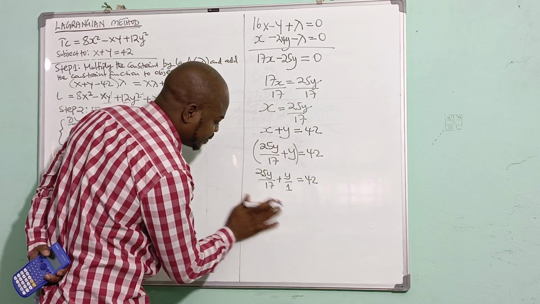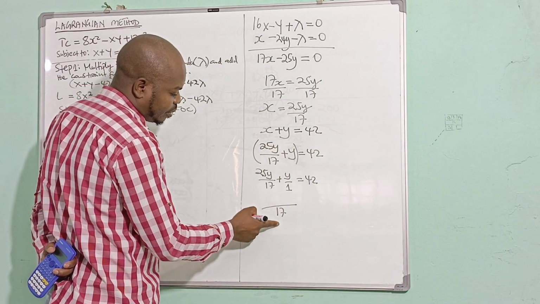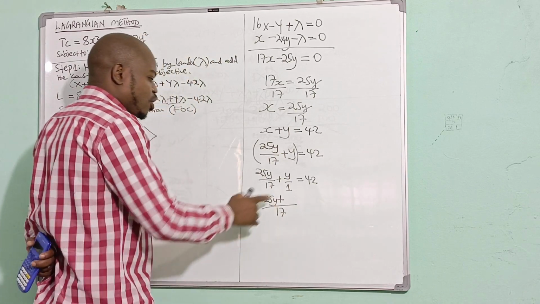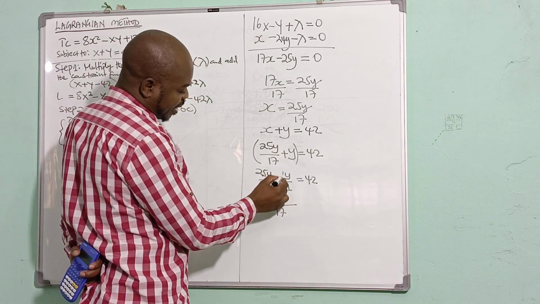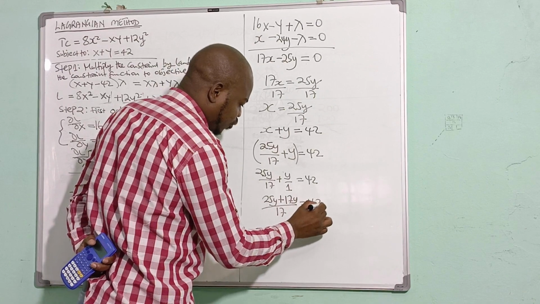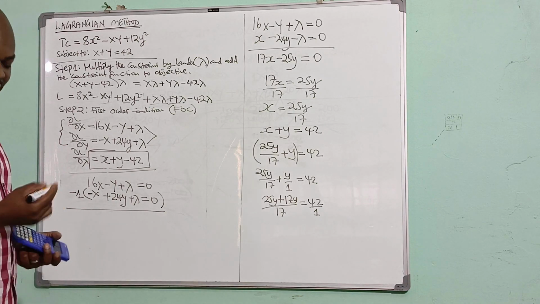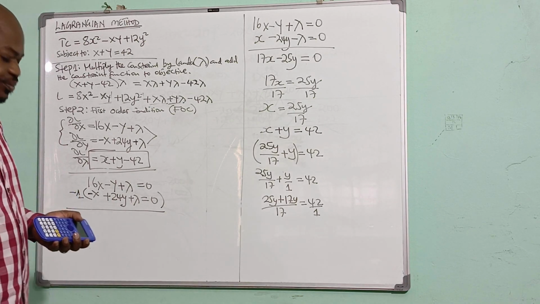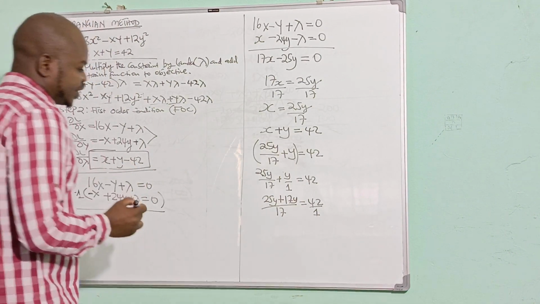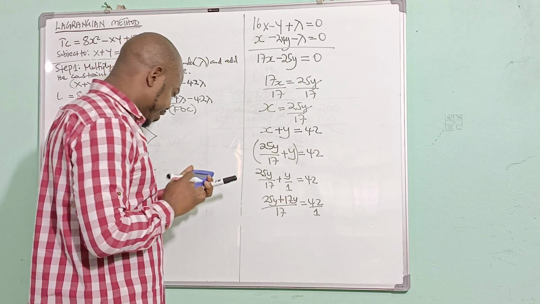I'm making 17 the common denominator. 17 into 17, 1, multiplied by 25, so I have 25y here, plus 1 into 17 multiplied by the 1 in front of y, that is 17y, is equal to 42. With this expression, I can say 25y plus 17y.